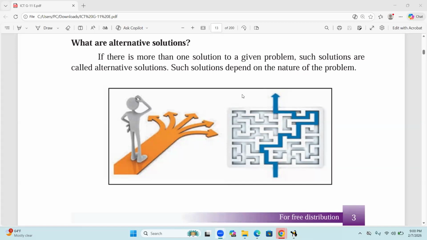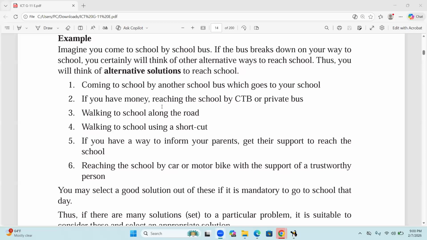Look at this example. Can you see the screen? It's visible, no? So imagine you come to school by school bus. If the bus breaks down on your way to school, you certainly will think of other alternative ways to reach school.